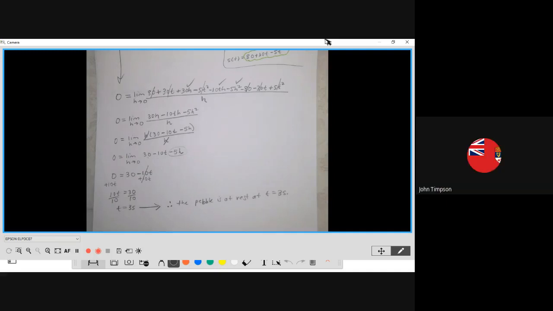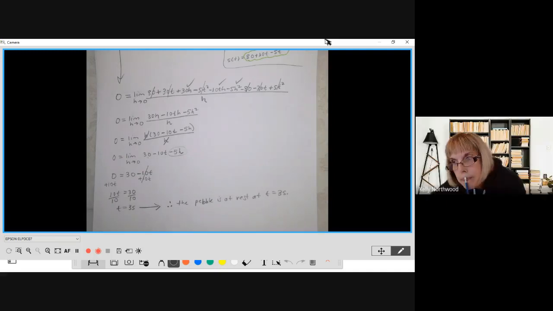Ms. Northwood? Yep. I'm just noticing, is it a property of quadratic functions, if you go back to where we calculated the average between 1 second and 3 seconds, we got 10 meters per second, which is the average between 20 meters per second and 0 meters per second.